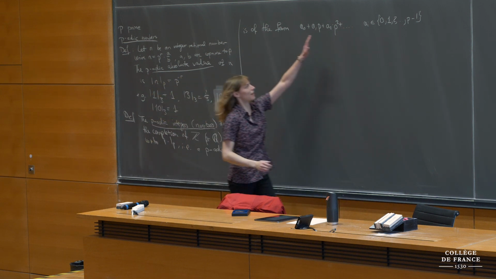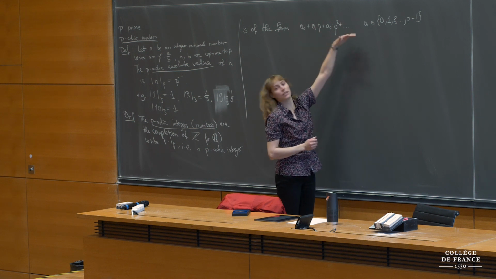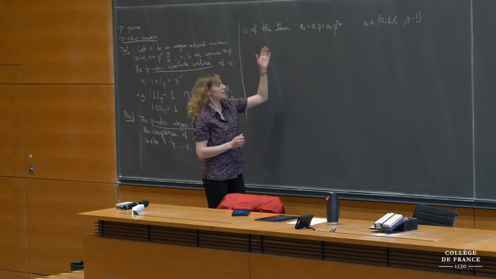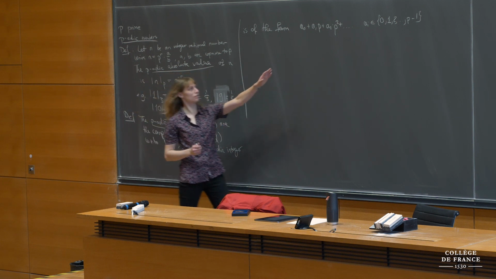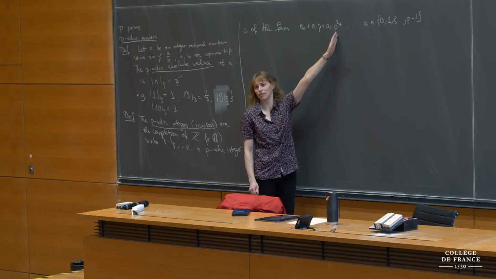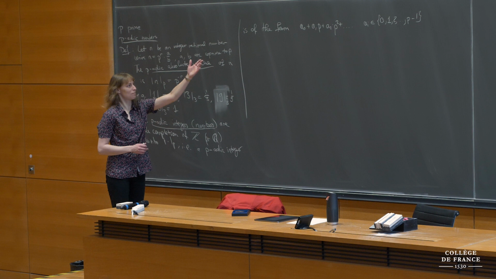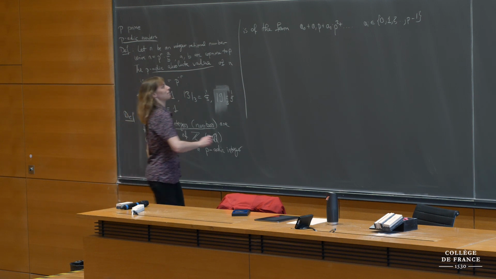If we stop after finitely many steps and add these numbers, we just get a regular integer. And if we go to infinity, this series will converge because the absolute value of p to the n is p to the minus n, so we'll approach 0. So you can think of p-adic numbers as power series in p.